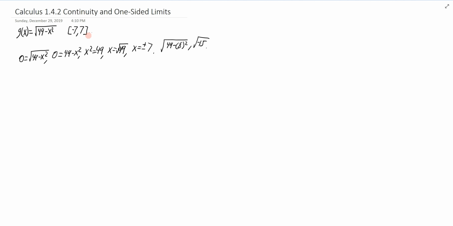Now we can go the same way here, except we'll do it with negative 8. So we get 49 minus negative 8 squared, and once again this is going to yield a result of negative 15. So what we can say is, at least in our instance, we're good inside this interval from negative 7 to 7. It's once we get beyond that range that we end up facing some discontinuity.